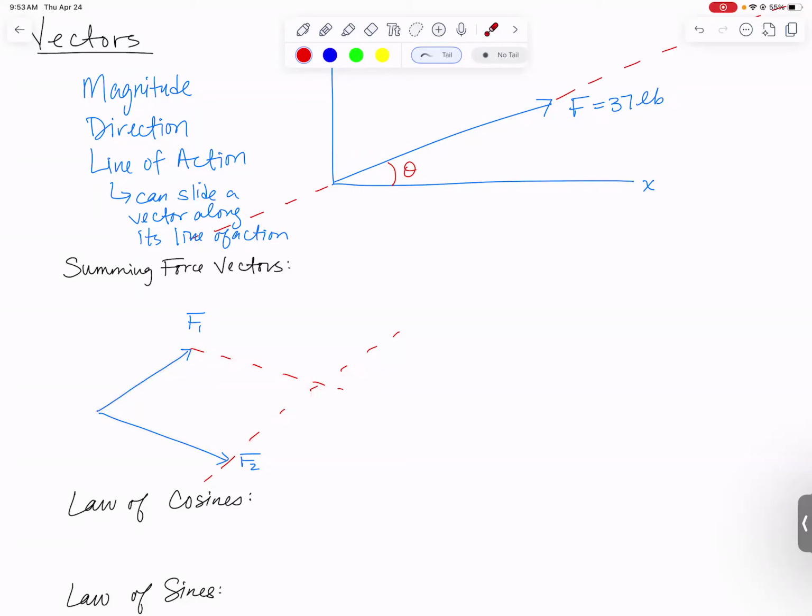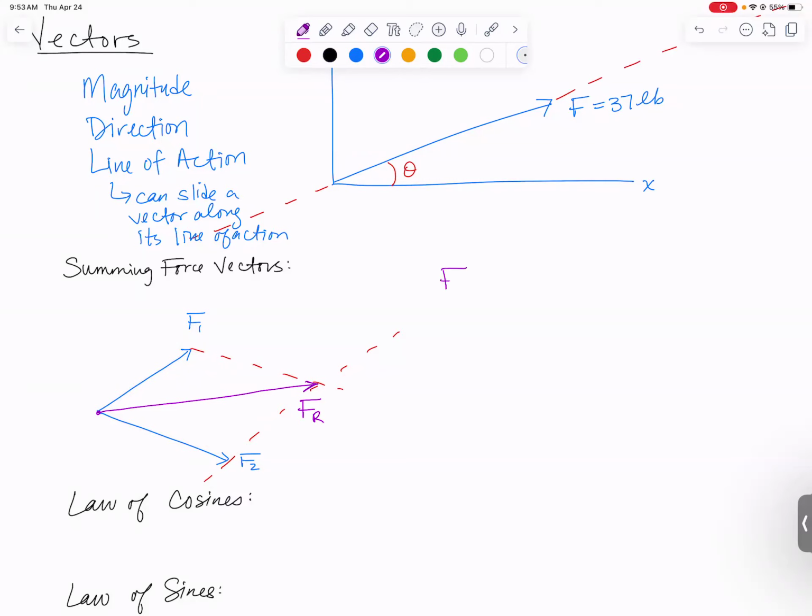And the nice thing here is you don't have to think about actually moving either of your vectors to do this. We've created this little parallelogram, and the resultant vector is going to start where these two vectors start, and it's going to go all the way across and end at the other side of the parallelogram. We are going to call this F sub r, which means the resultant force vector.